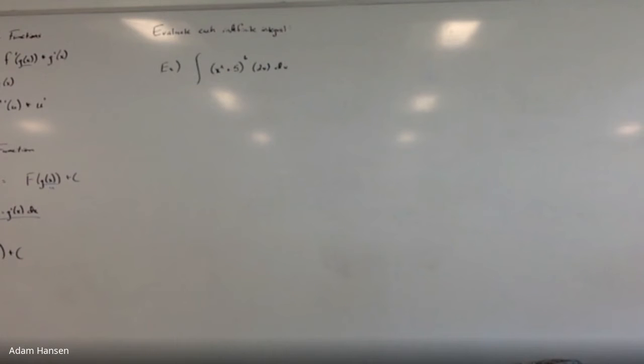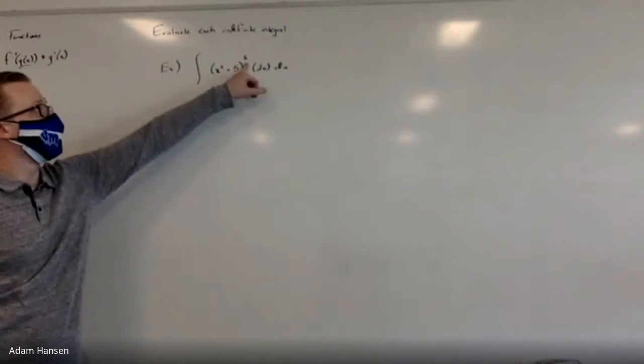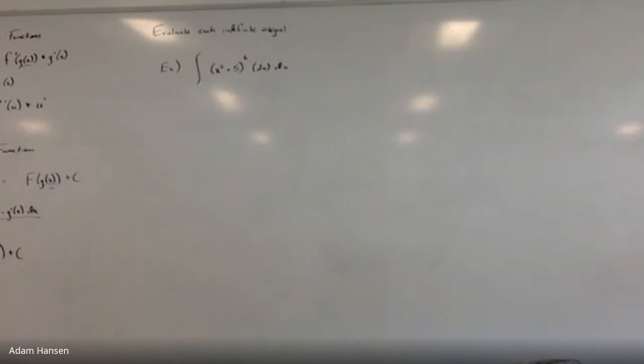What does that mean? Functions within functions. What's the inner function? x squared plus 5. What is happening to that function? What's the other function? To the 6th. What we're going to do is let that inner function be equal to u.